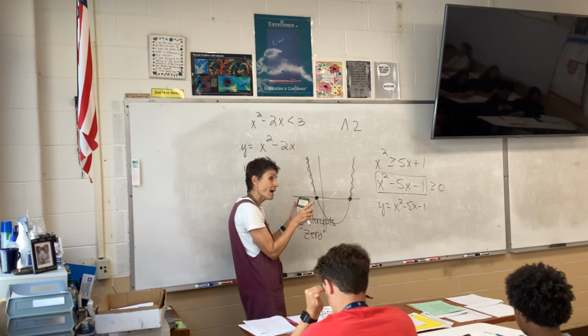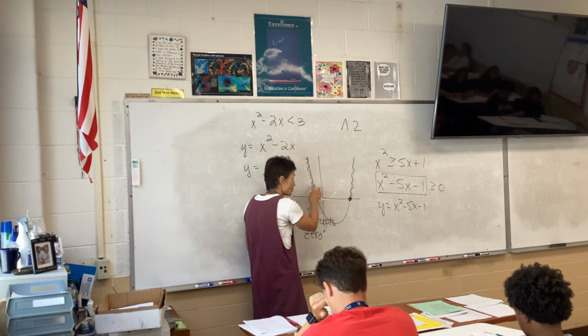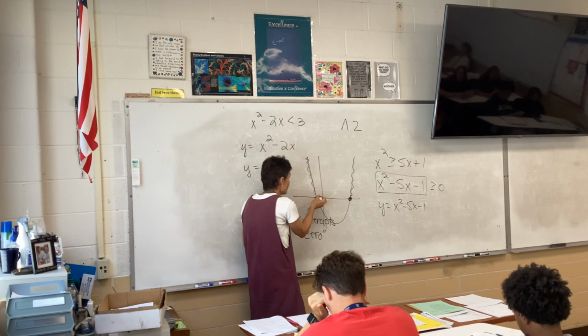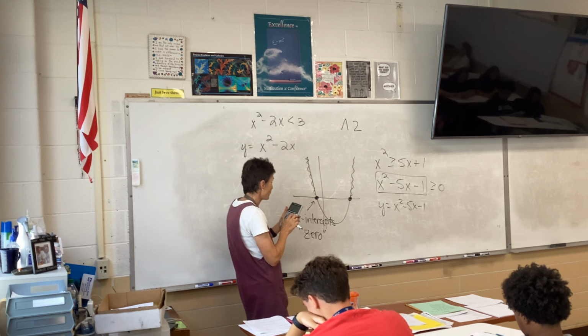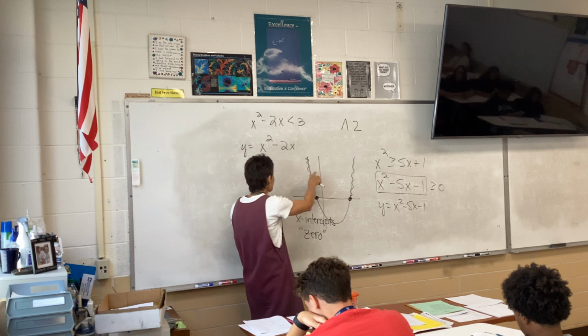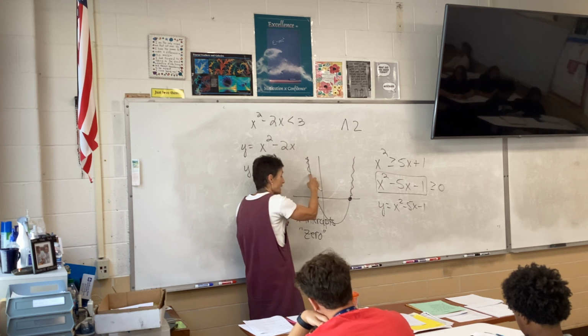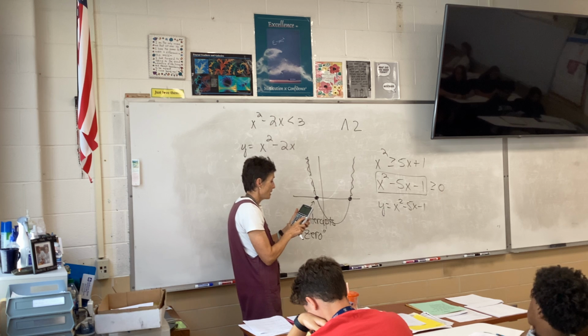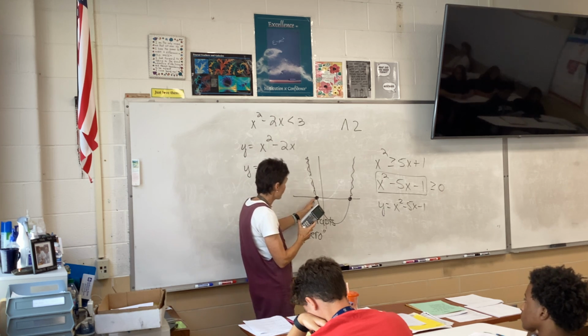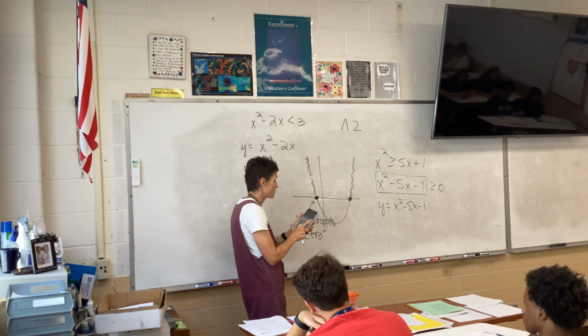It says left bound, so move your cursor so it's somewhere to the left of the point that you want. So use your arrow buttons. Anywhere over here is good. Press enter. Move it then to the right of this point. Now don't move it too far.